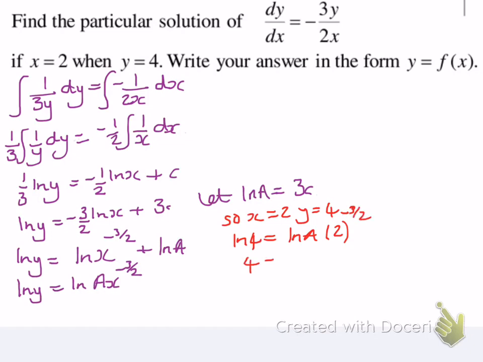So therefore 4 equals a times 2 to the minus 3 over 2. Four equals a over 2 to 3 over 2.